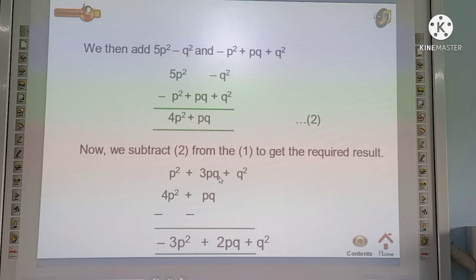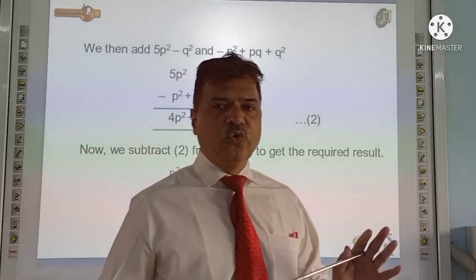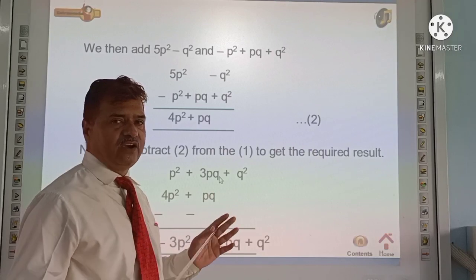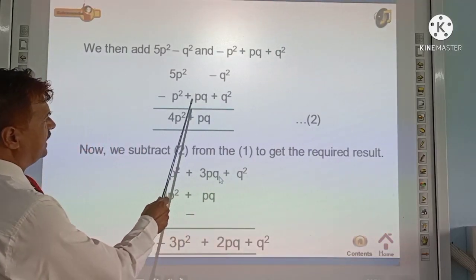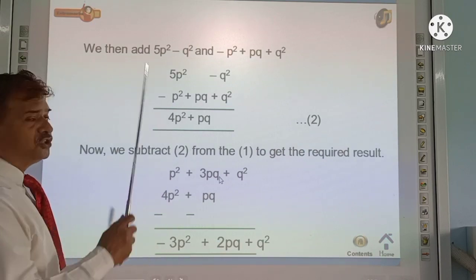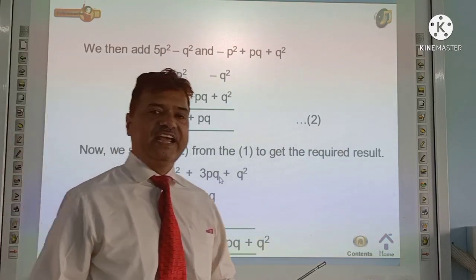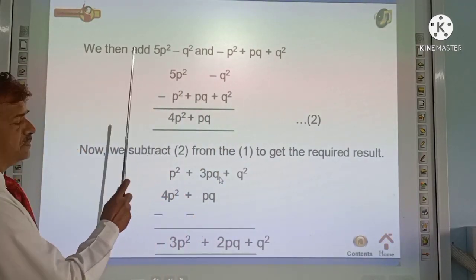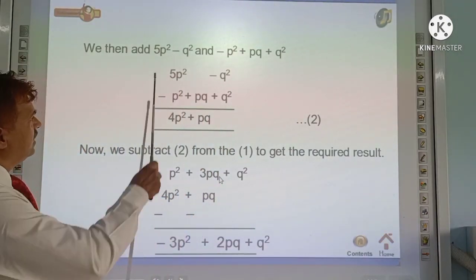Let us now learn to find the value of an expression. Students, if there is no like term, then don't panic, leave that blank. Okay, like this. Here is pq, here is no pq, so leave it blank. But you should always write like terms with each other. Okay, like this. 5p square and this is p square, so we write here.